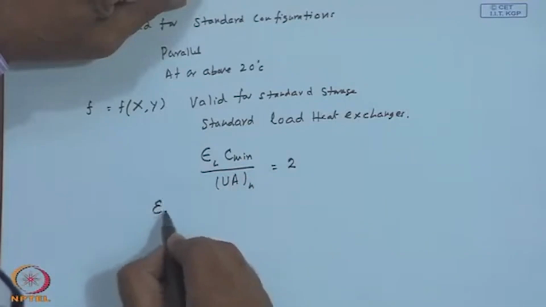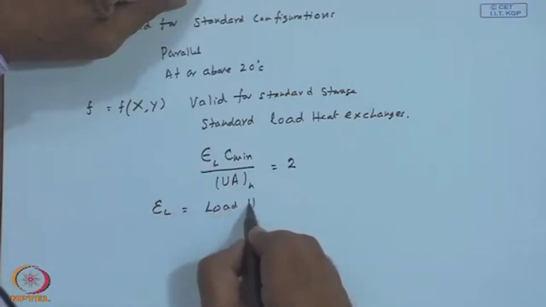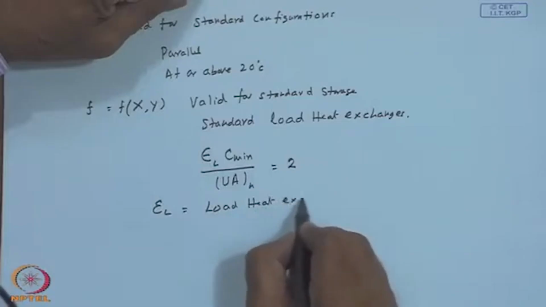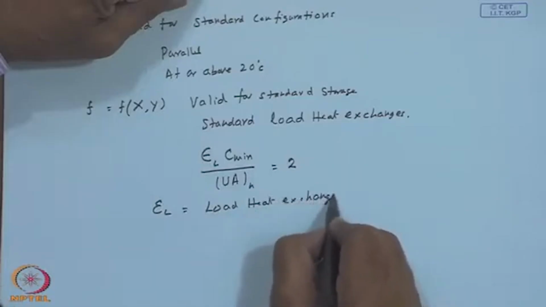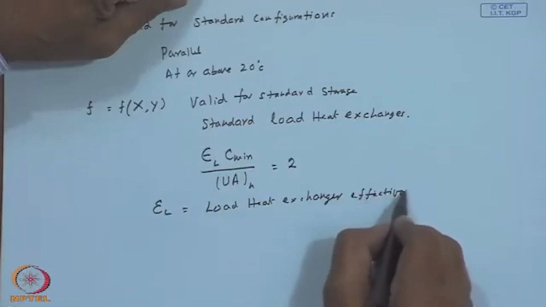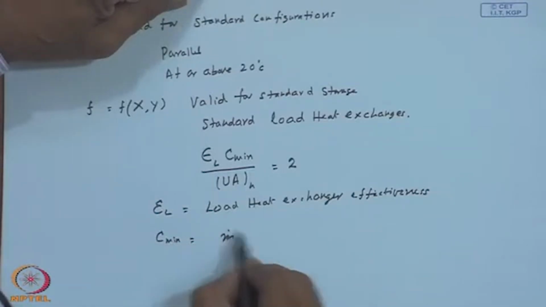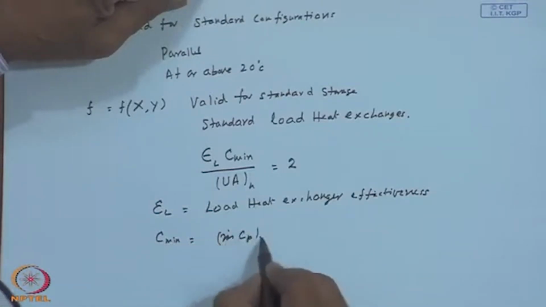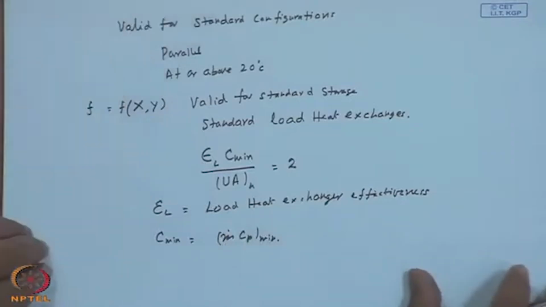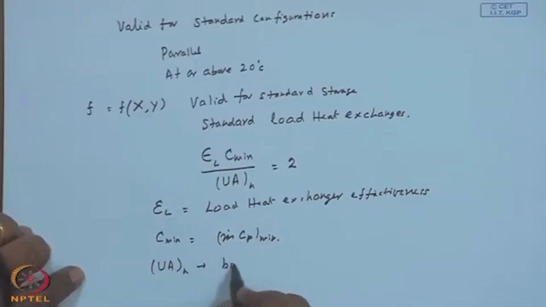Of course, epsilon L is the load heat exchanger effectiveness, and C minimum is m dot C p minimum of the fluids on the two sides of the heat exchanger, and U A H is the building loss coefficient.